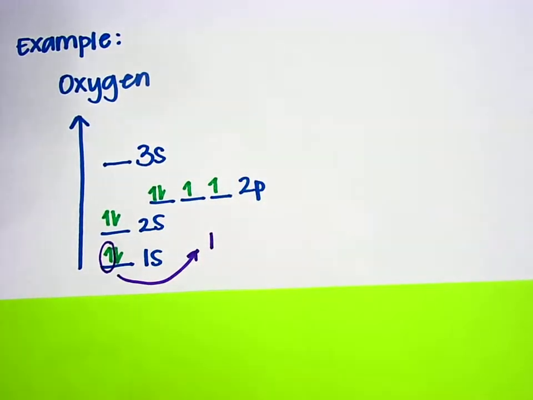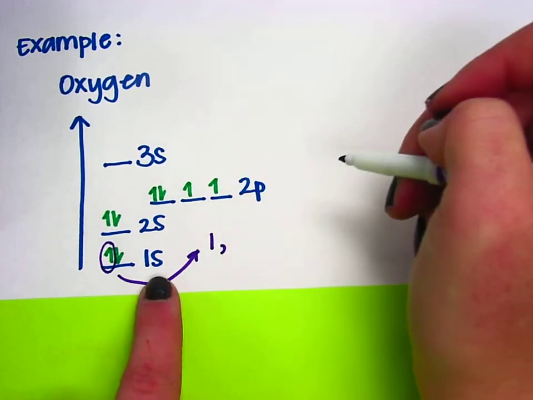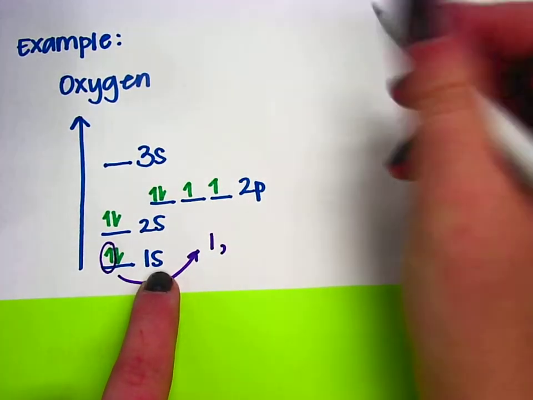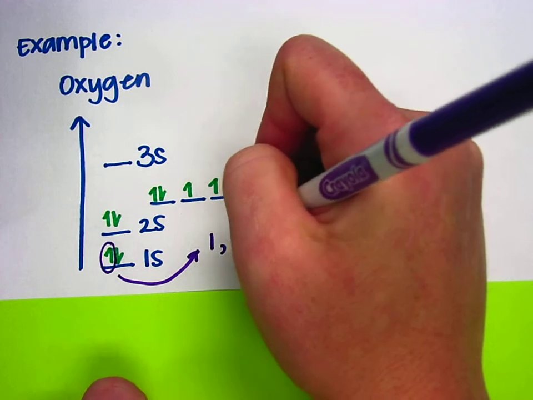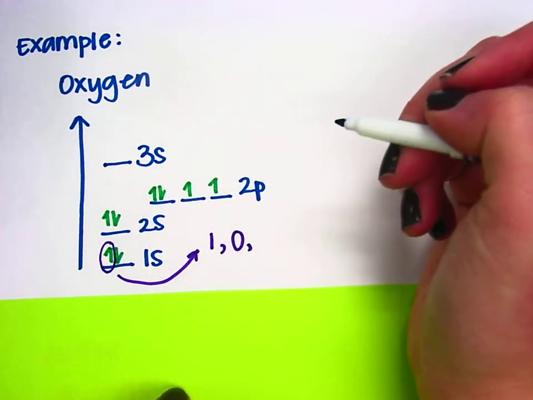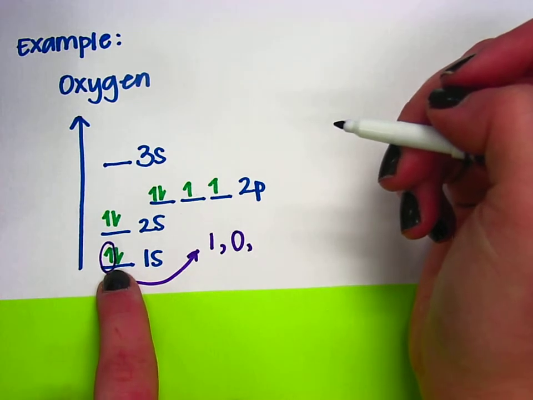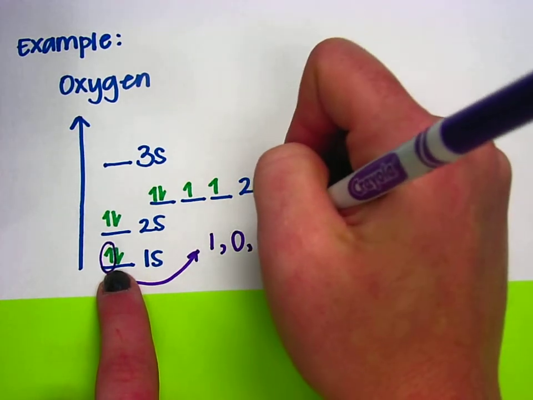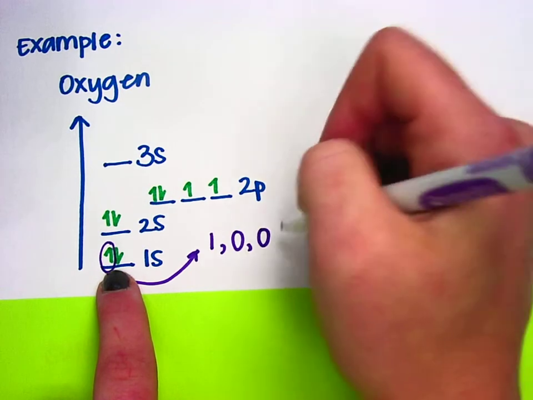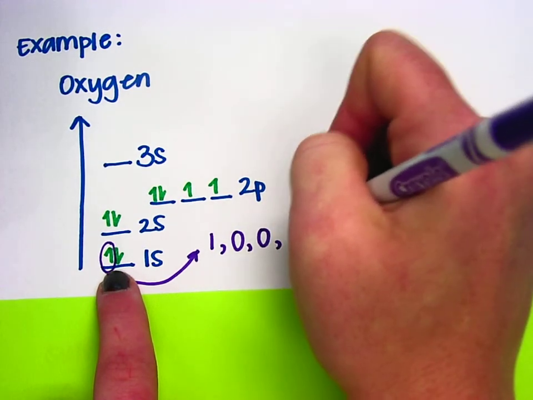And then the next thing you would have is the sublevel, which would be S, and the number that we use for S is 0. Then you're going to tell me which line it's on. If you're in the S sublevel, there's only one line, so that line is 0. And then you're going to tell me the spin.